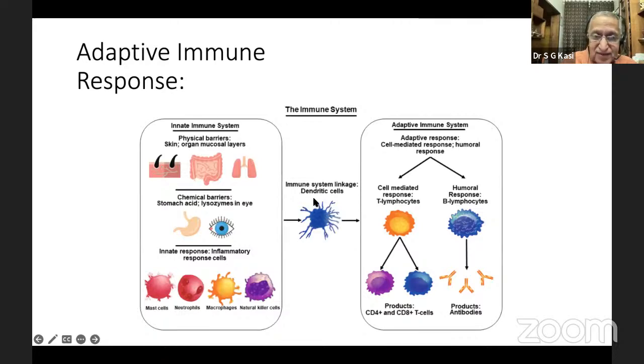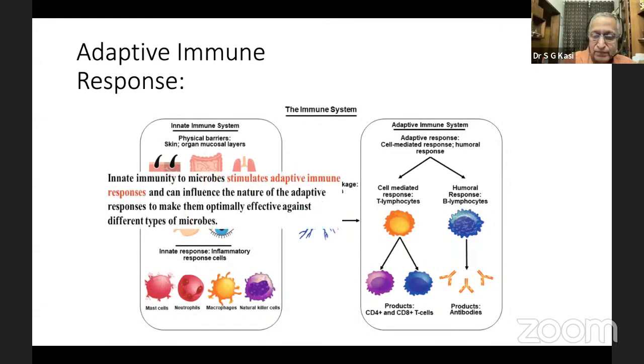The dendritic cell acts as a communication between the innate and the adaptive immune response. And now there is enough data to show that the innate immune response can affect the type of the adaptive immune response. So today, there is a tendency for using or stimulating the innate immune response when you want a particular type of adaptive immune response against a particular pathogen.